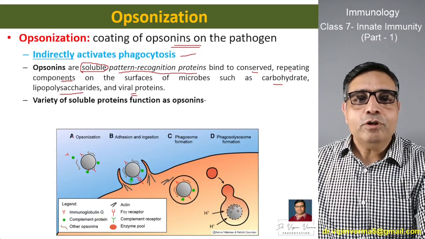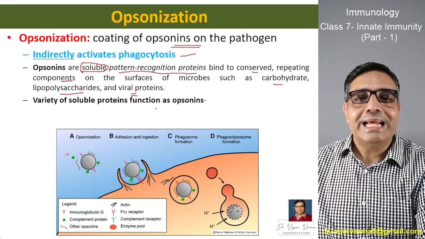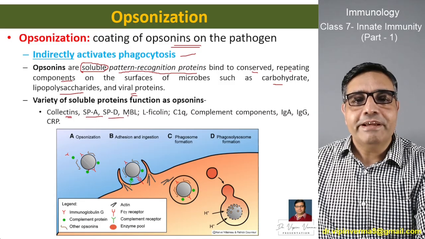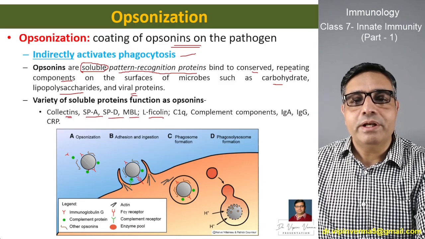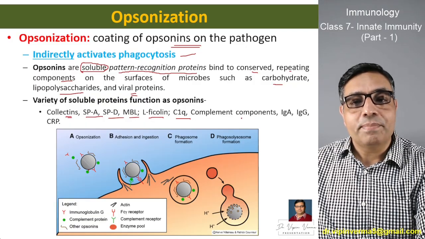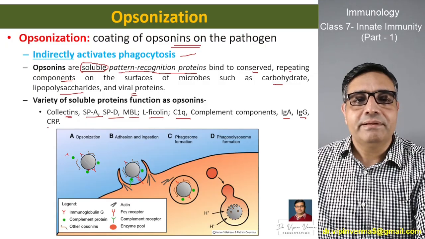So there are a variety of soluble proteins which function as opsonins. For example, we have collectins, we have SPA, SPD, MBL, L-ficolin, then we have C1q, which is a complement component. Then we have other complement components as well. Then we have IgA, IgG, and then we have the CRP.